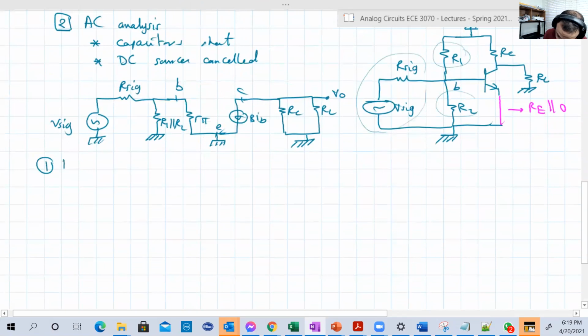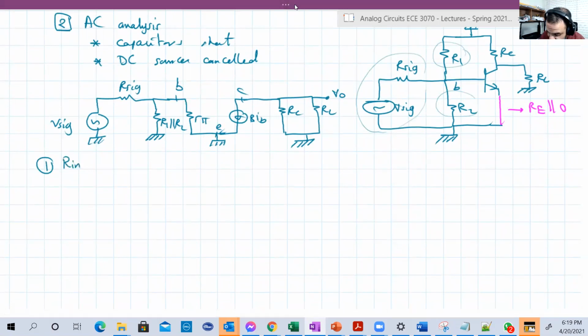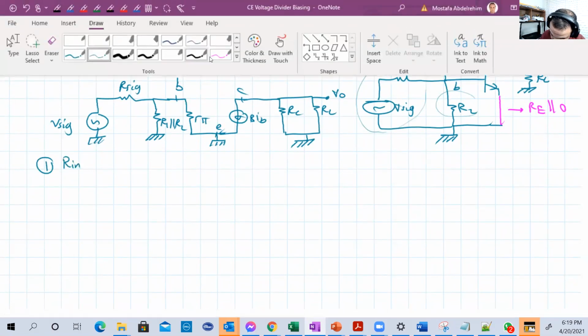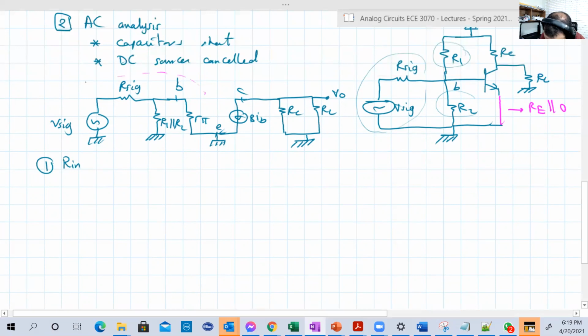Number one, R input. Before anything, this part of the circuit is isolated from that part. Why? Because they are connected at one point.